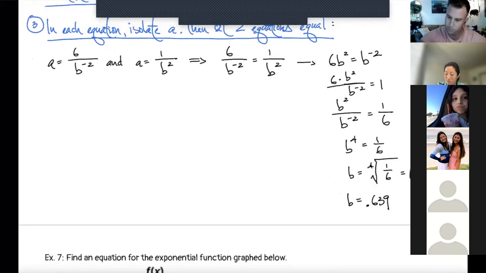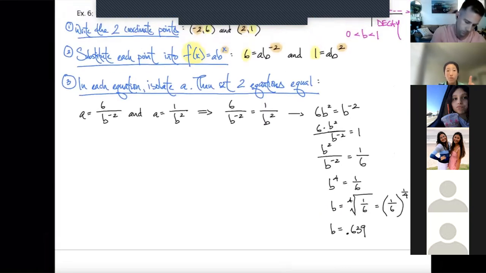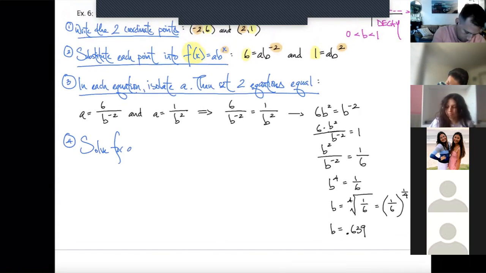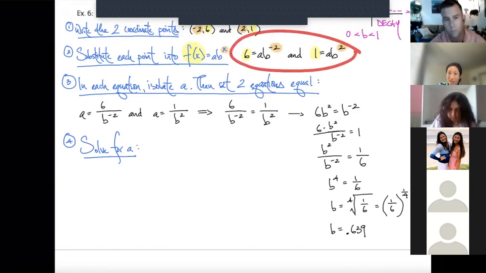All right, so to recap, we wrote our 2 coordinates, we substituted each point into the equation, then we isolated A, and all of this gave us a way to find B. Our 4th step is going to be to solve for A, because in order to write this function, we need an A value and a B value. We have 2 choices.